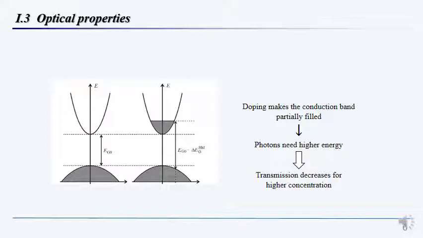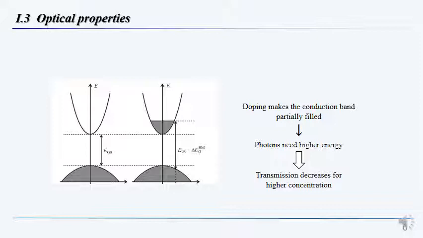As said earlier, doping these oxides renders higher conductivity. But let's see what really happens inside the energy bands. So when doped, the lowest state of the conduction band becomes partially filled. So the photon needs higher energy to excite transitions from valence to conduction band.